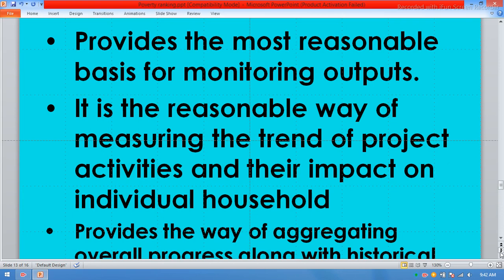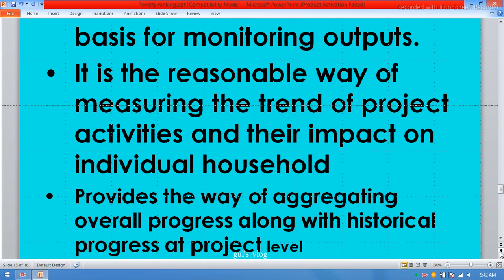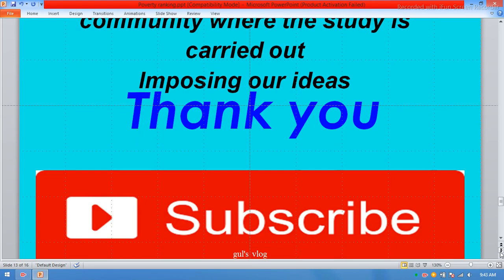It is the reasonable way to measure the trend of project activities and their impact on individual household, provide the way of aggregating overall progress along with historical progress at project level.